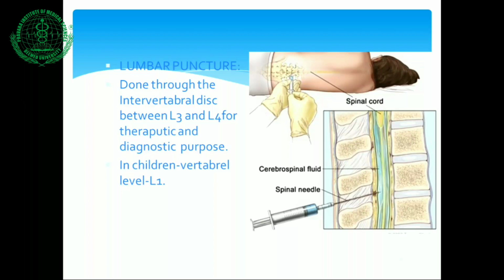In children, lumbar puncture is usually done at the level of the first lumbar vertebra. Here you can see a spine needle used for lumbar puncture and for the collection of cerebrospinal fluid.